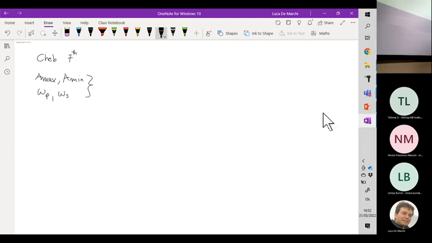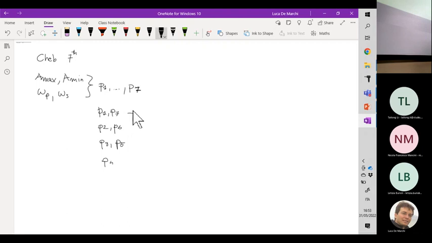From this quantity, you find all the pole positions, P1 to P7. You group this pole in complex conjugate pairs. So you will have, say, P1, P7, which are complex conjugate, P2, P6, which are also complex conjugate, and P3, P5, and finally you will have P4, okay?